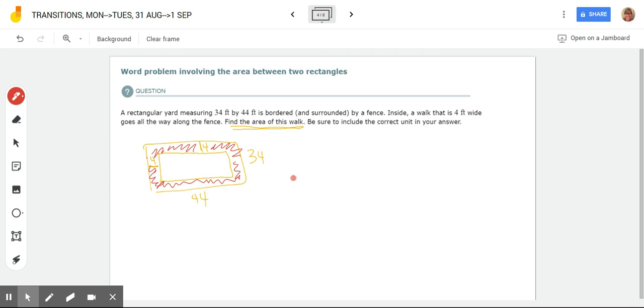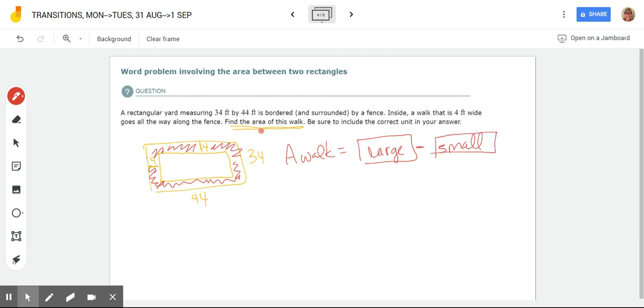Think about that for a second. What would you do? That's a hole, okay? Because we're not finding the center part. We're only finding the edge. You'd probably take the big piece of paper and then cut out the inside rectangle. And that's what we're going to do. The area of the walk is going to be the large rectangle, subtract the area of the small rectangle.